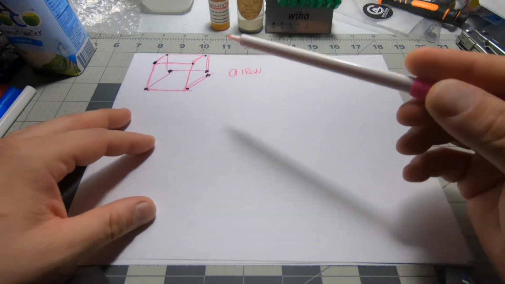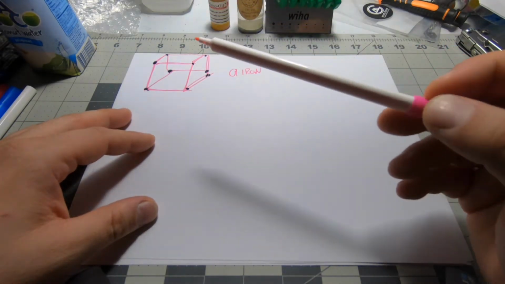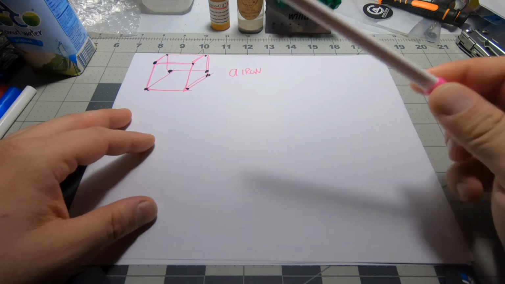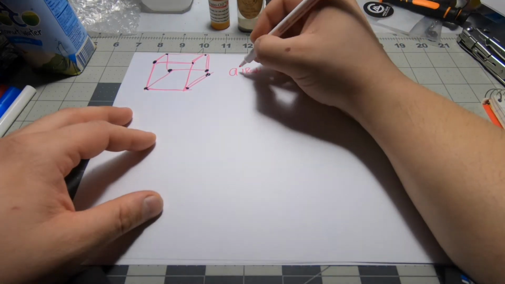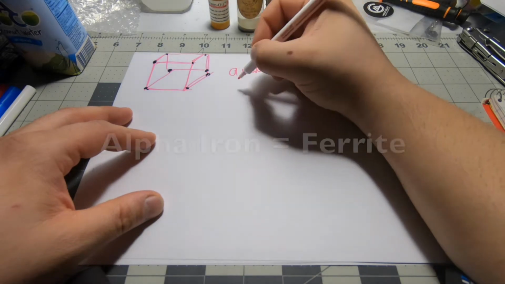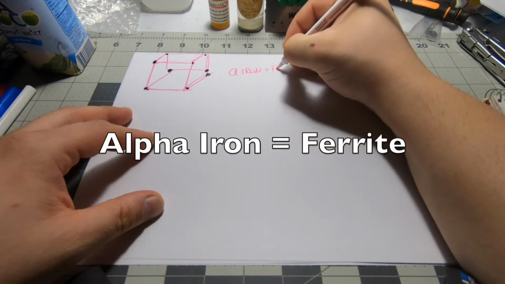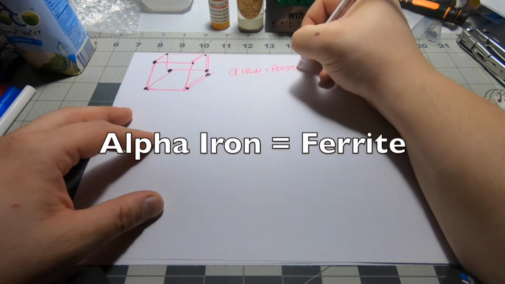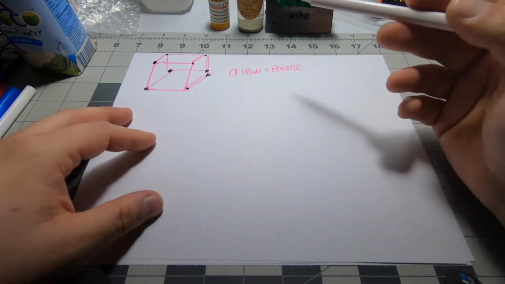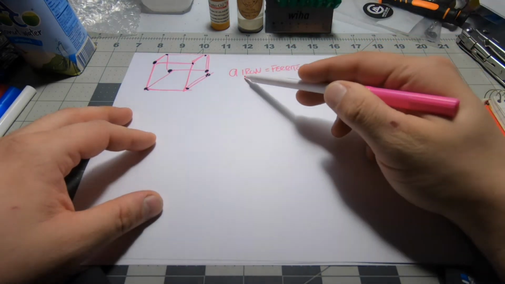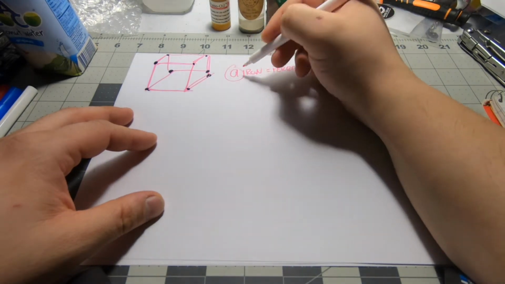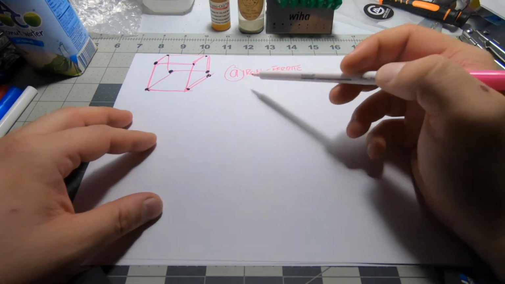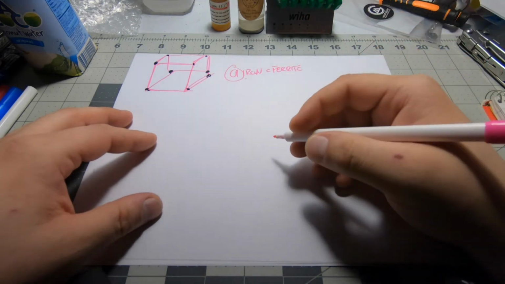And this type of iron is ferritic, or ferrite. So, alpha iron, or alpha, equals ferrite. You'll hear these terms. Ferrite just equals this. Actually, you'll mostly just see the A. Alpha iron equals ferrite. Okay?